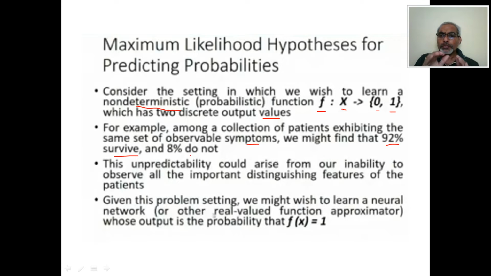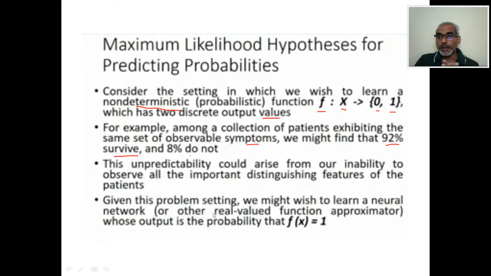Now this is unpredictable, or what we can say non-deterministic. You cannot predict. Based on some data you are telling 92% survive. Now what about the 8%? Even though they suffer from the same symptoms, they are still going to die.